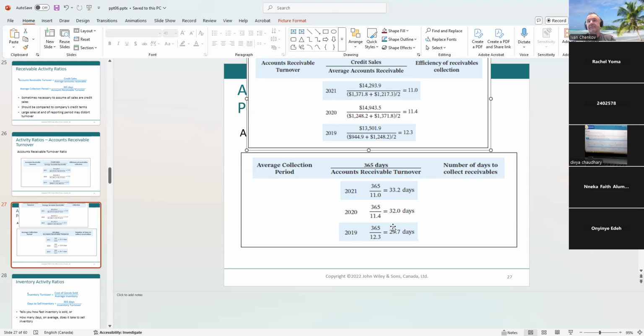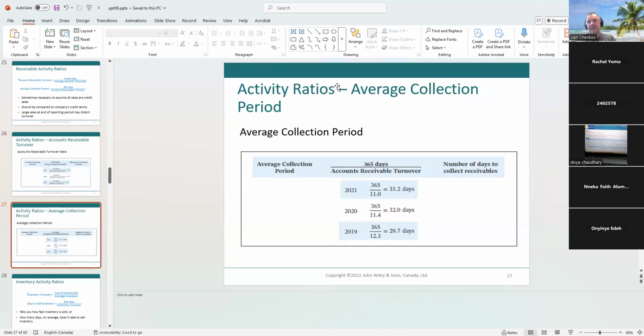So if our accounts receivable turnover is higher, then it's good, and we make the decision by looking at the average collection period. Correct. Thank you. Makes sense? That's what I understood now. Otherwise, I was confused.